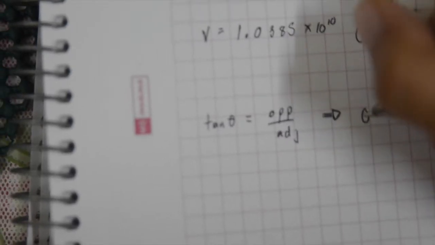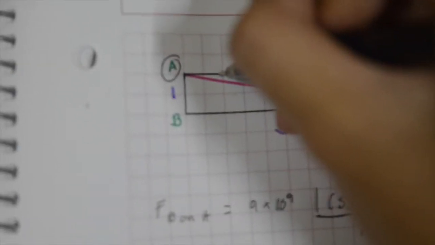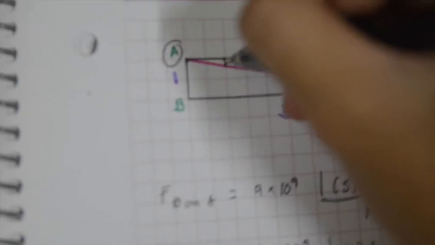Manipulate this formula and we get theta is equals to tan^-1 opposite over adjacent. So again, the angle that we'll be looking for is one that is against the horizon.